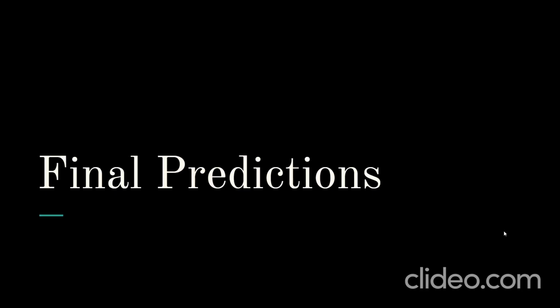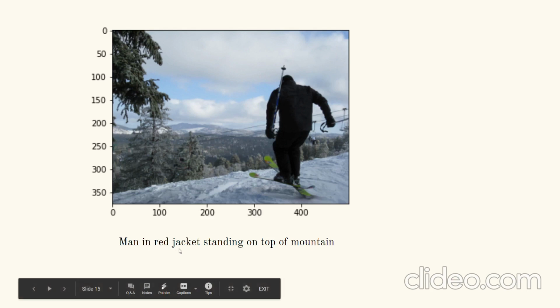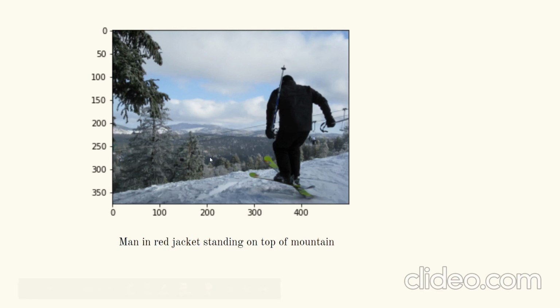So the final predictions. Here are the predictions that are made by our system. The caption generated by our system is "man in the red jacket standing on top of the mountain." This prediction is pretty accurate, in that it is able to identify the top of a mountain, although it is not able to identify some snow or the attire that he is wearing.